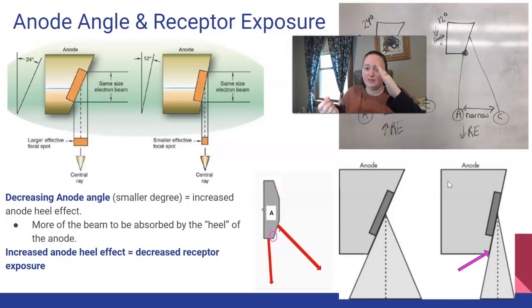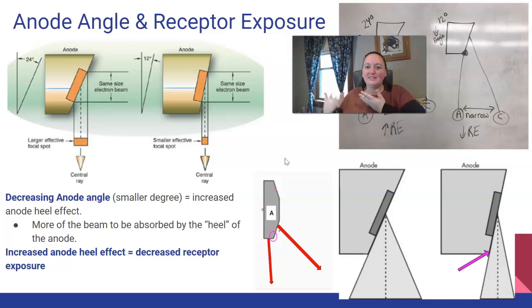Because the anode is on this side, it's at an angle, and some of the intensity gets lost at the heel, or this little corner here. I think this is sometimes difficult because as technologists, I don't physically open my tube and change the degree of angle, right?